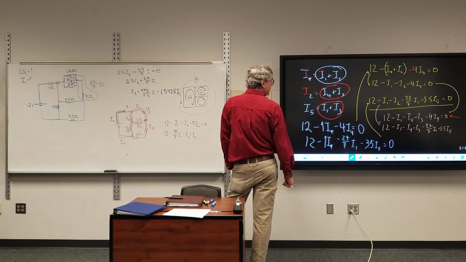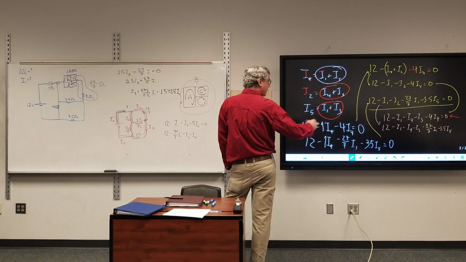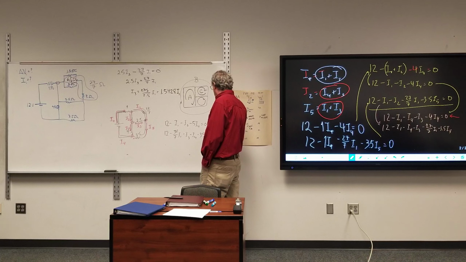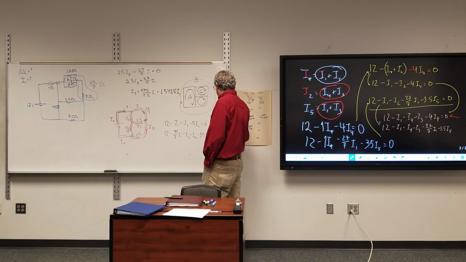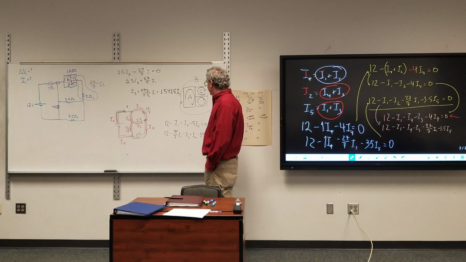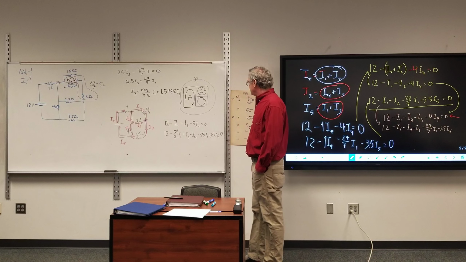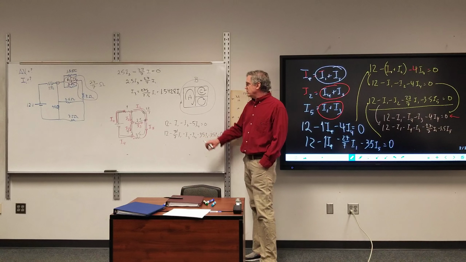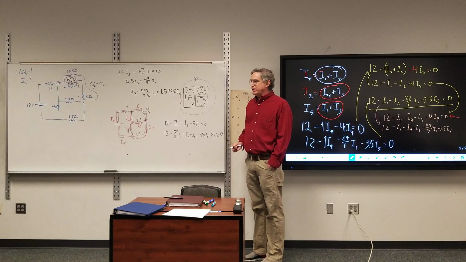And then we'll plug in our I1 plus I3 in for I5. So minus 3.5 I1 minus 3.5 I3 equals 0. So now I've got 3 unknowns here. I've got a third equation right there.